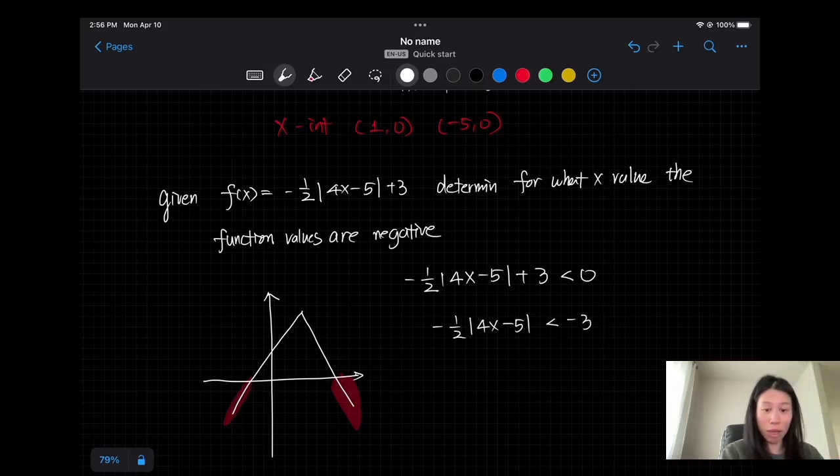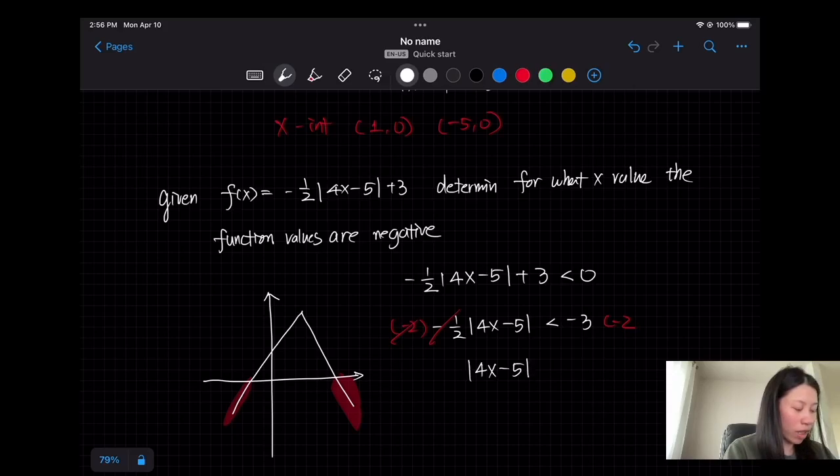And then I multiply negative 2 on both sides. When you multiply by a negative number, what happens? You need to flip the inequality sign. So I will have the absolute value of 4x - 5 greater than 6.